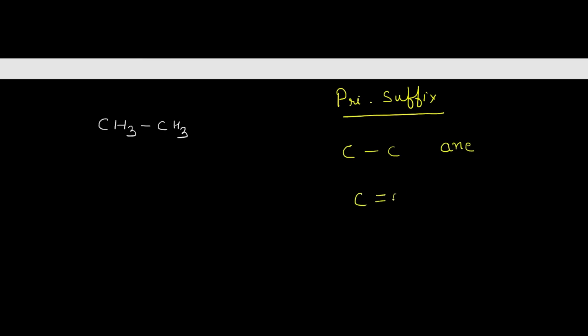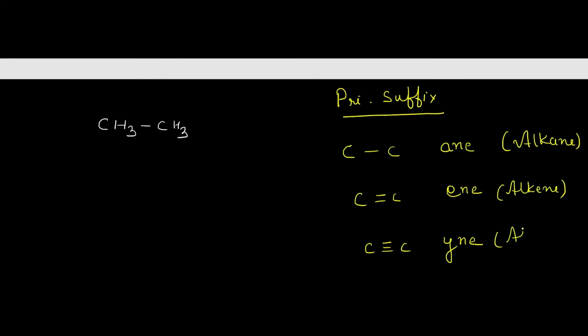If the compound contains even a single double bond, the primary suffix will be -ene. And if it is a triple bond, the primary suffix will be -yne. So that represents whether the compound is an alkane, that is a saturated hydrocarbon, an alkene or an alkyne.